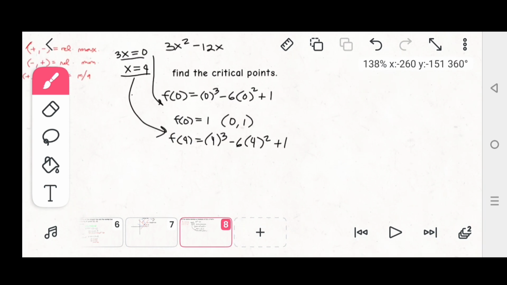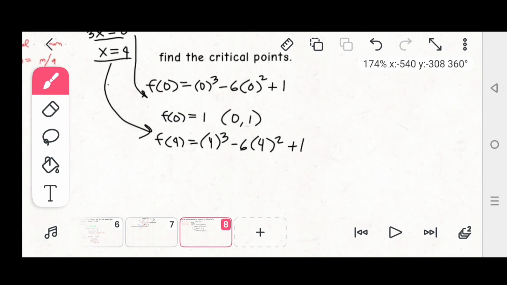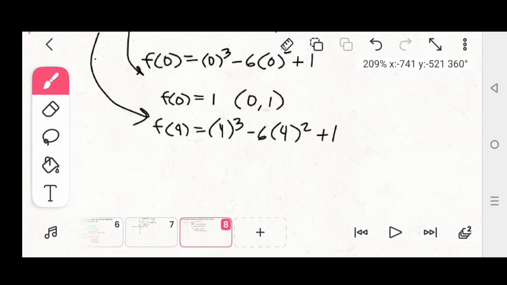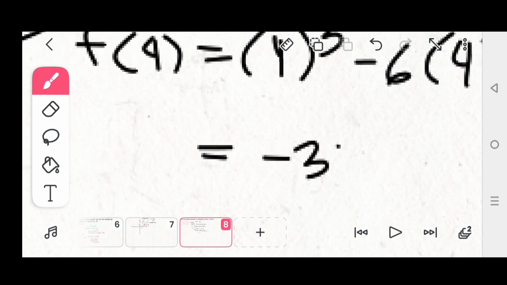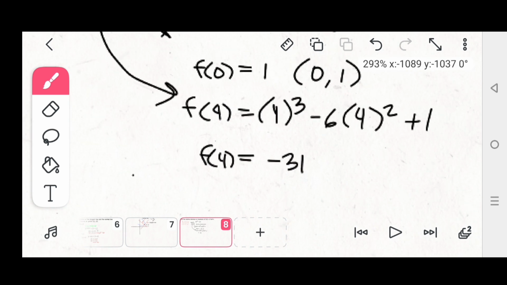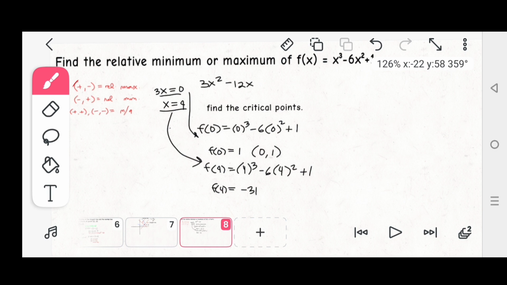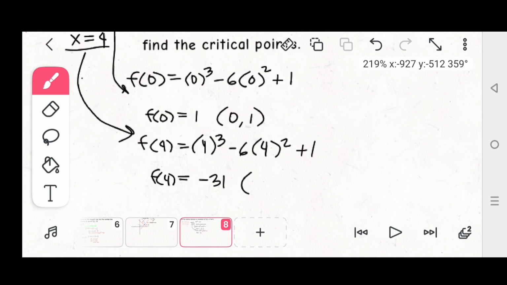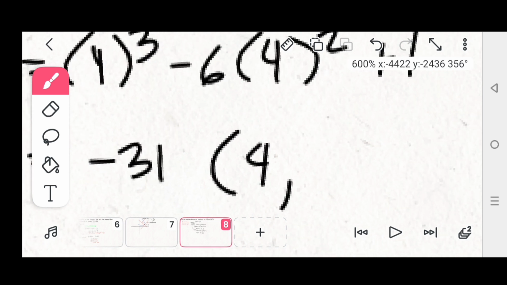Then let's put it in a calculator to solve it. And the answer is negative 31. So this means the value of y is negative 31. So the second critical point has x equal to 4 and y equal to negative 31.